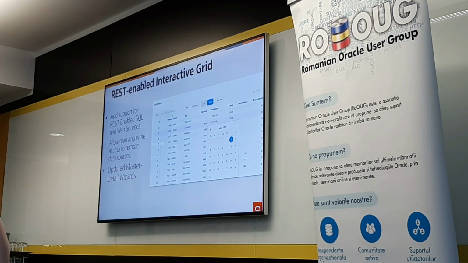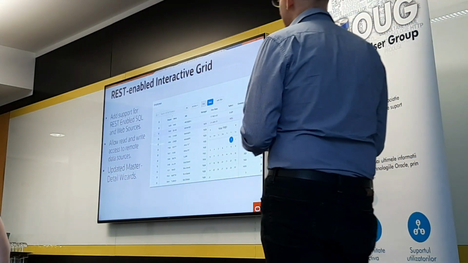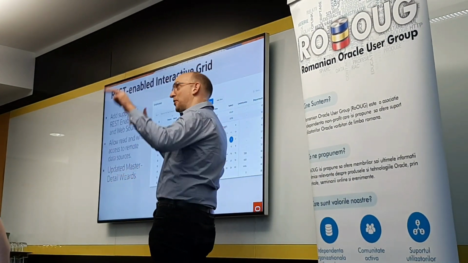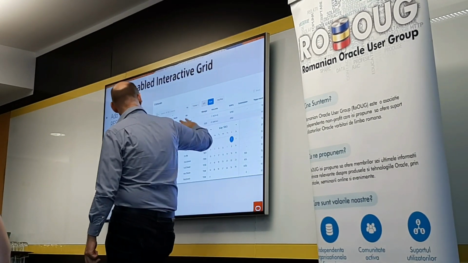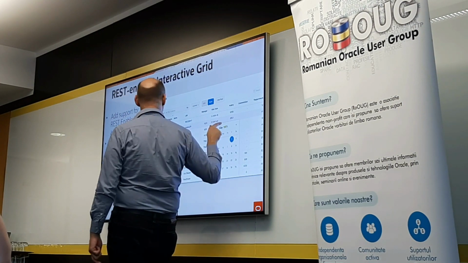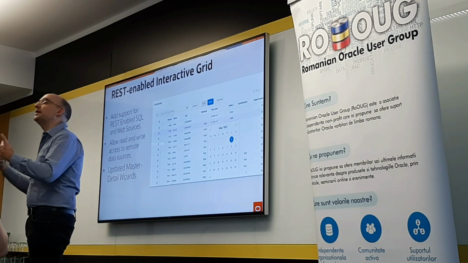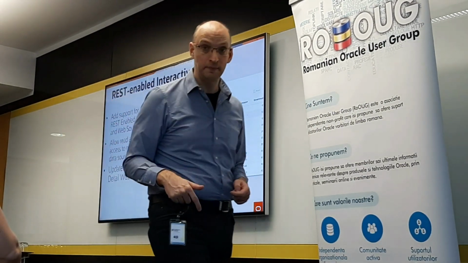Yeah, that's the REST-enabled interactive grid. So the interactive grid looks exactly as it looked before in 19.2. The only difference is that it's REST-enabled, so data can now come from a RESTful service, and also if you're changing rows and hit save, Interactive Grid can use the REST endpoints to update and change data on the RESTful service.